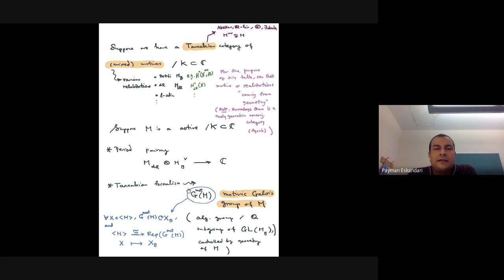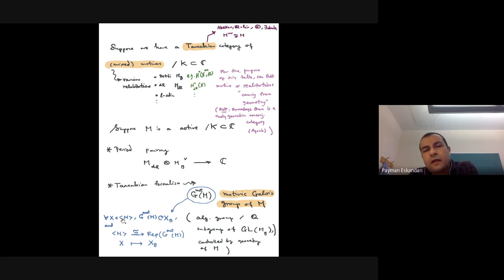Now, let me tell you how this group is characterized, because so far it's been a mysterious black box. It's characterized by the following property. You have this motive M. You look at the full Tannakian subcategory generated by M. This is the smallest subcategory which contains M and the unit object, and it's Tannakian.